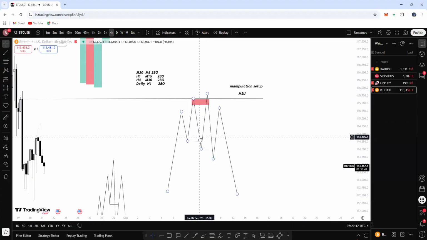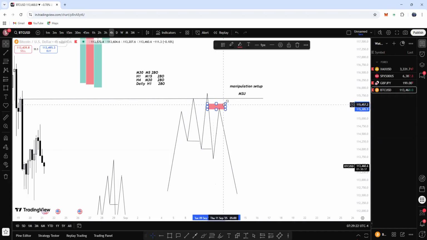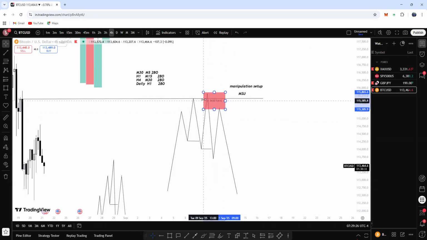In your direction, wherever they want to go, you have to break it 2 times, first and second. The last is when you will put your sell limit before you follow the buy.